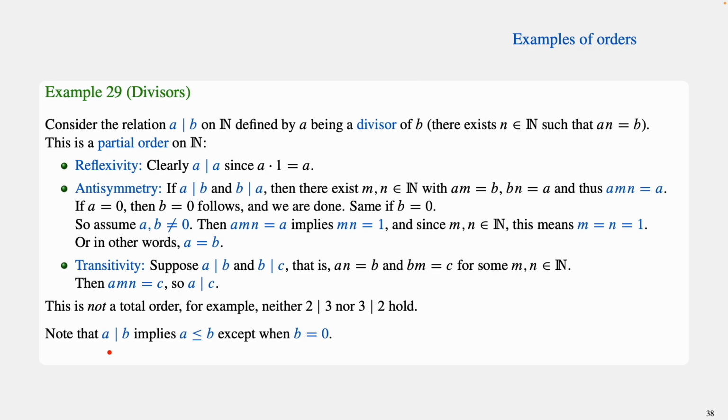Now, if b is not 0, then a dividing b implies that a is less or equal to b. So if we restrict the divisibility relation to the positive natural numbers, then it is actually a subrelation of the less or equal relation, the natural order of the positive natural numbers.